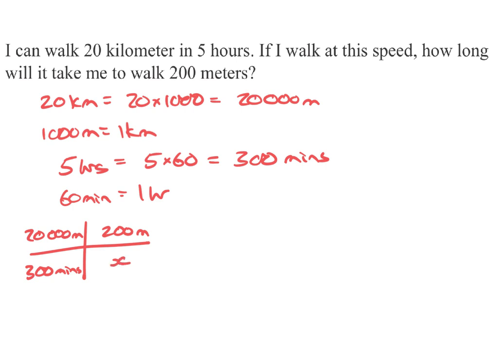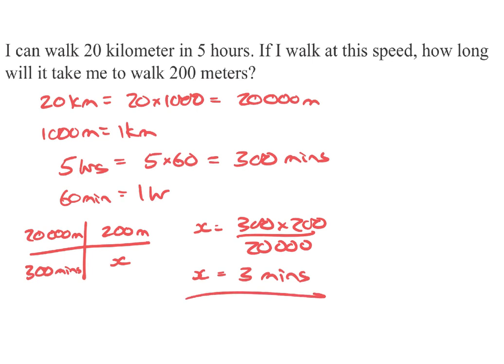So I'm going to call that X. I can then do X is equal to 300 multiplied by 200 divided by 20,000, and then X will be equal to 3 minutes. Again, it's not the only way of working this question, but it's a nice, quick, simple progression to get through to the correct answer.